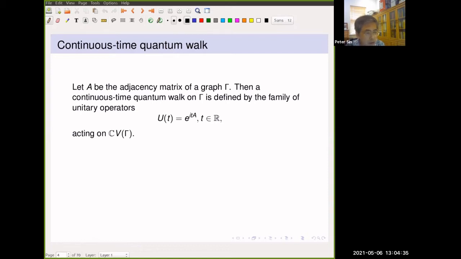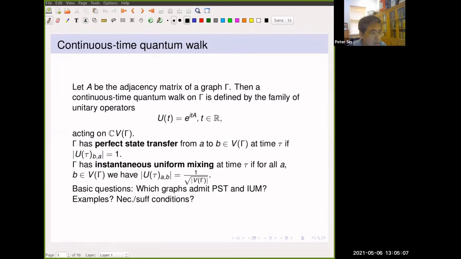I think Ada had e^{-itA}, which is probably more correct, but I just absorbed the minus sign into the t, which I think quite a lot of people do. So hopefully that won't cause any confusion. These are operators acting on the vector space with a basis the vertices of the graph. This is the basic setup, and then we're interested in certain phenomena.